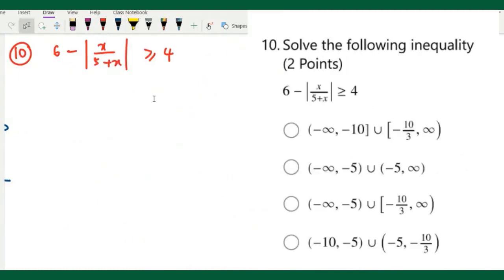Yang ini pula, yang mana kena pecah pada dua case. Yang ini pula memang absolute value ratio yang memang pun kena pecah dua case nanti. So kita tulis semula ini sebagai kalau kita bawa ke sebelah kanan, dia jadi, bawa ni sebelah kanan, bawa 4 sebelah kiri.